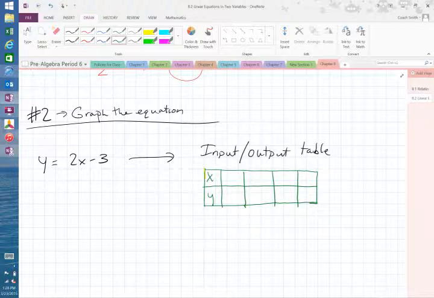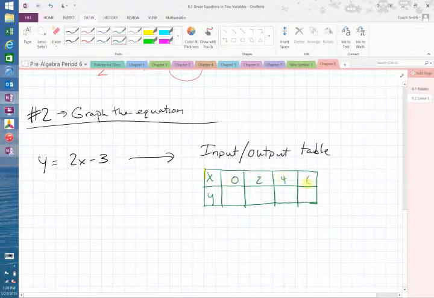Okay, now, you can come up with any domain that you want to come up with, or input values. Okay? It does not matter. What I would suggest, though, is don't do like 22, 25, 27, because then your graph's going to be huge. What I would do is this. I would just simply go, okay, 0, 2, 4, and 6. Those are my input values. Okay? Just you're basically making them up.